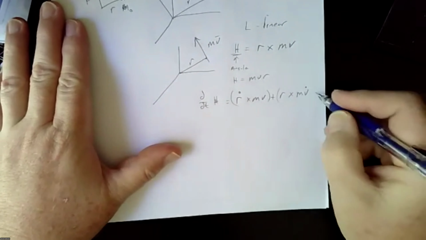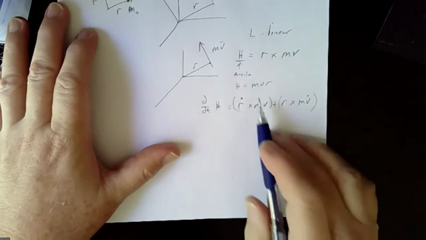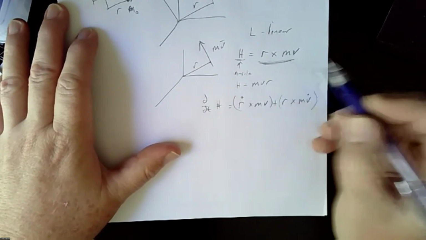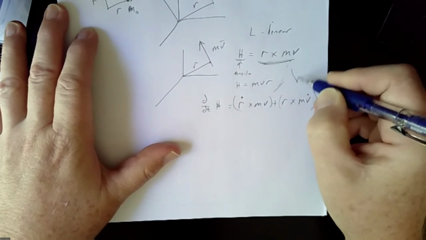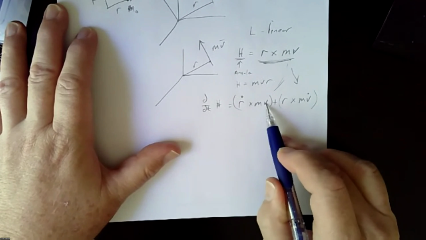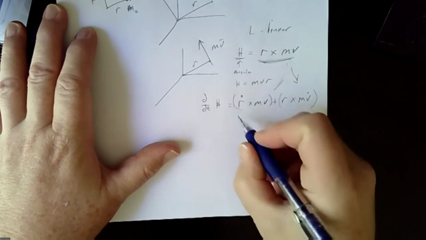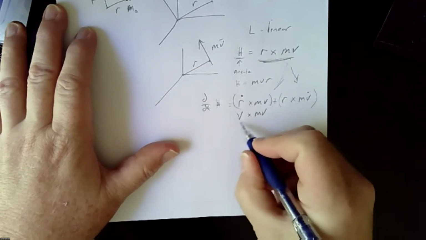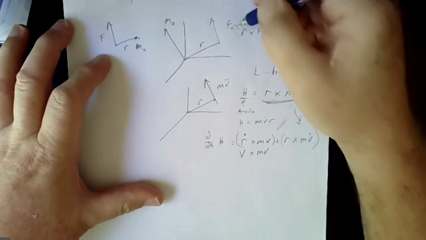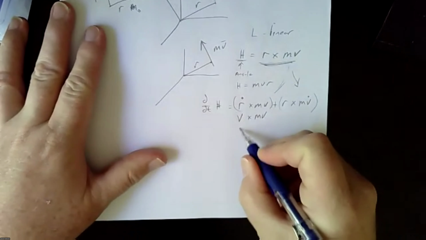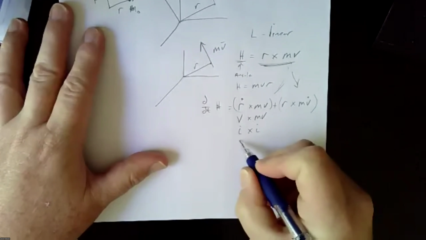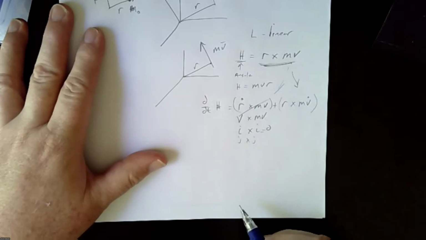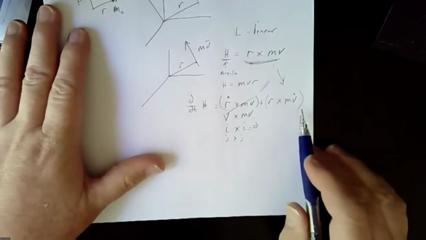Again, I'm just taking the time derivative, and you take the ddt of this term here, you end up with this and this. Now, this velocity and r dot are the same thing. So this is basically velocity crossed mv. Well, as we've drawn them up here, they're in the same direction. So it'd be like saying I crossed with I, or J crossed with J. That's equal to 0. So this term actually disappears.